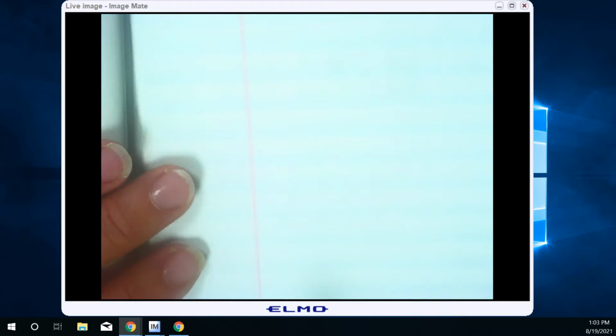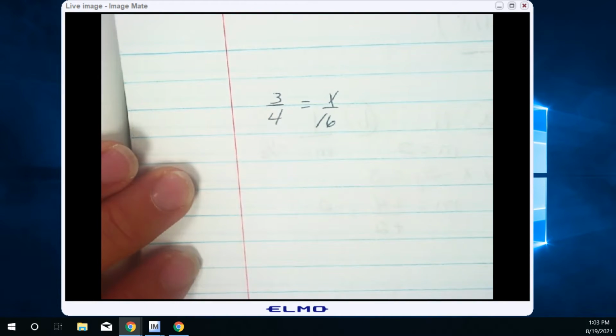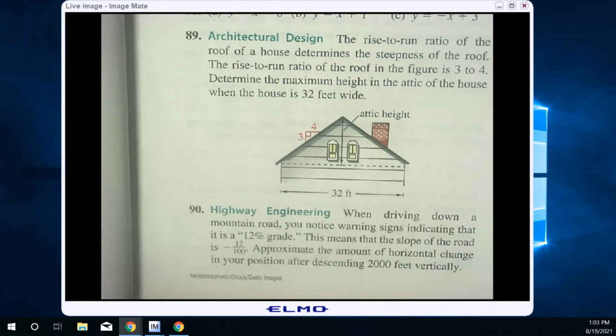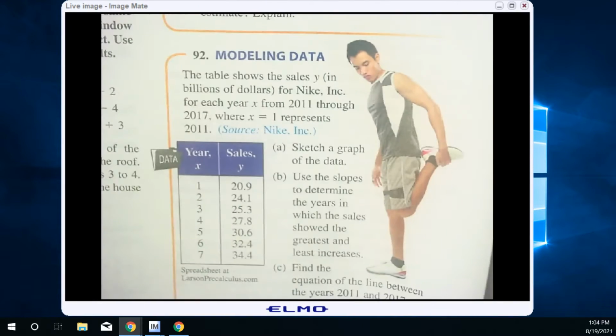This looks like ACT boot camp all over again. 12 over 16. Yes. So what is the height? 4 times what is 16? 4 times 3 is 12. So the height is 12.